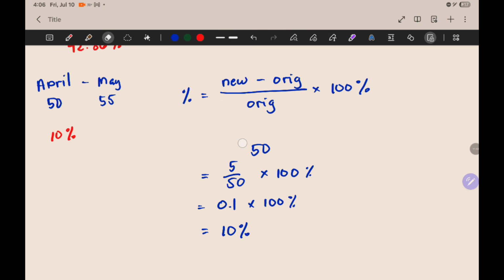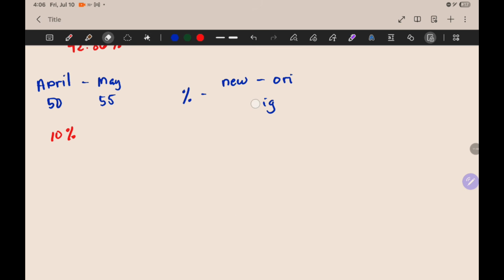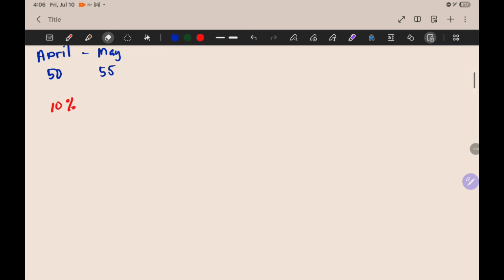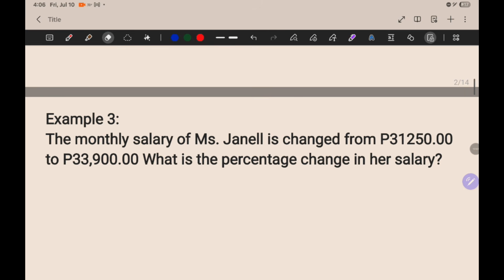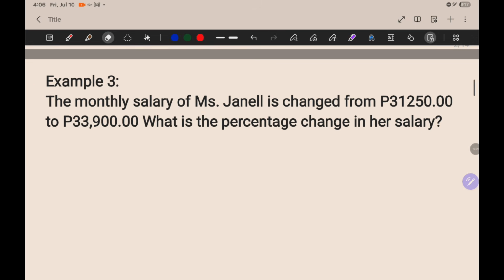So, I hope clear tayo dito sa examples natin. So, ayan. So, check natin. So, we have the third example. So, sa third example natin, the monthly salary of Miss Janelle is changed from 31,250 to 33,900. What is the percentage change in her salary?